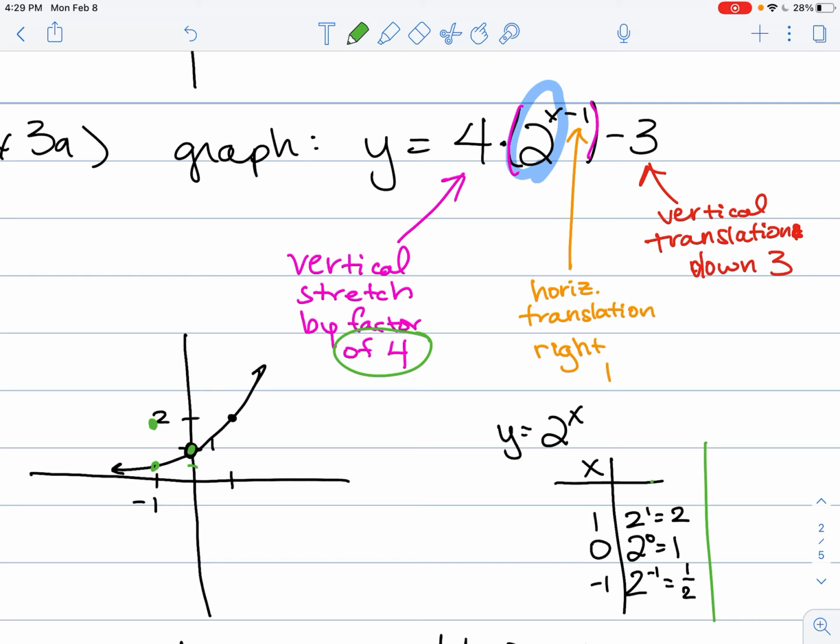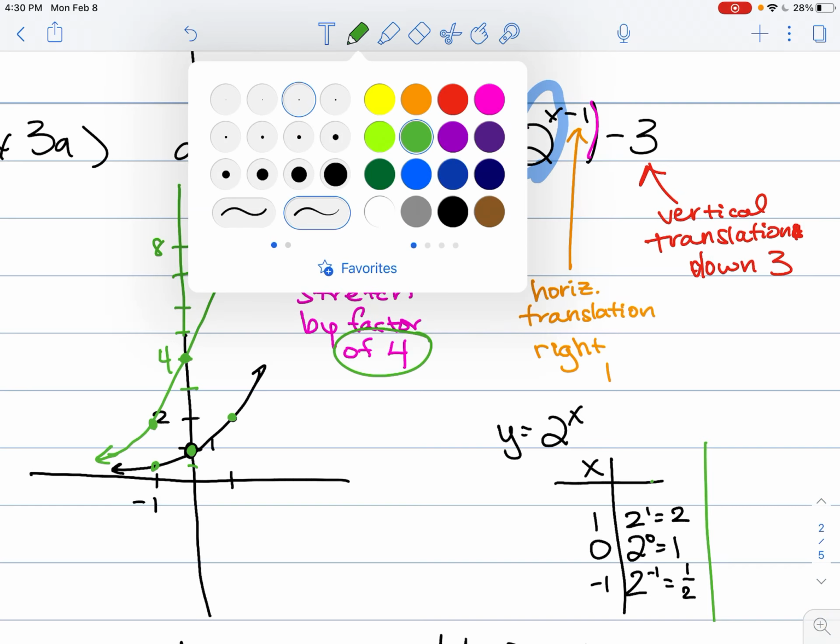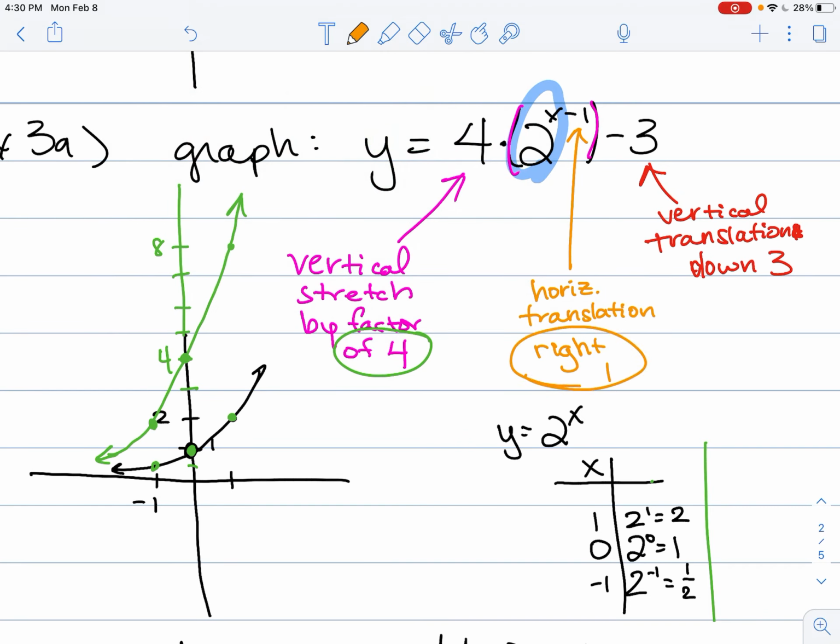This point here has a height of 1, so I'm going to go up to 1, 2, 3, 4. That's my new height. And then this right here has a height of 2, so I'm going to go 4 times that, which is 8. So 5, 6, 7, 8. And this is my new function.